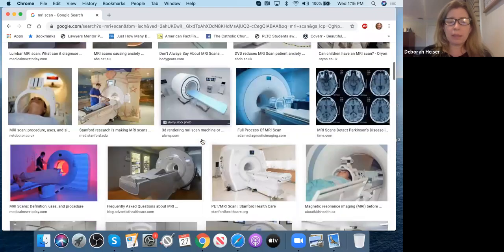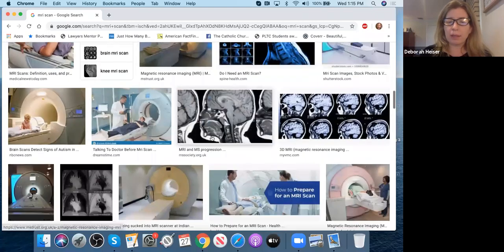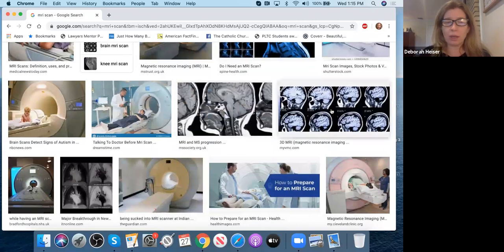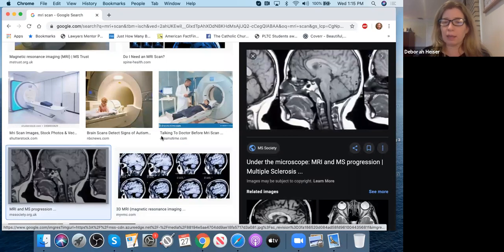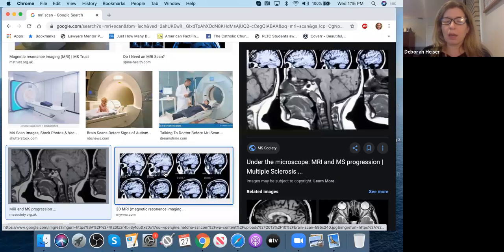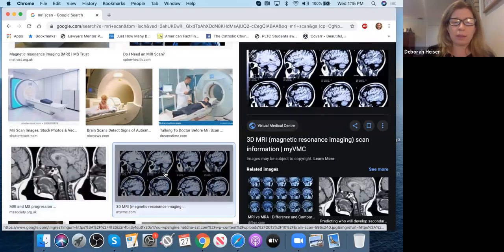So in this case, we're able to see things a little more in detail. So look at this. This is different than what we were able to see with the CAT scan. So this whole imaging looks much different, and this is a plus.